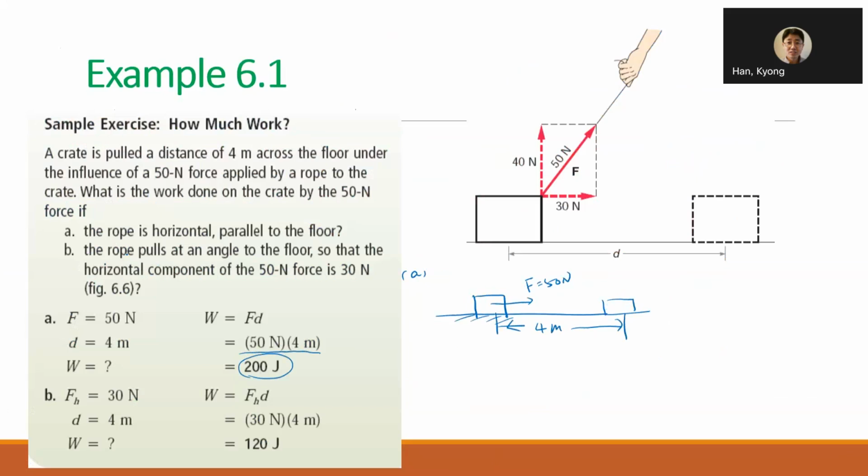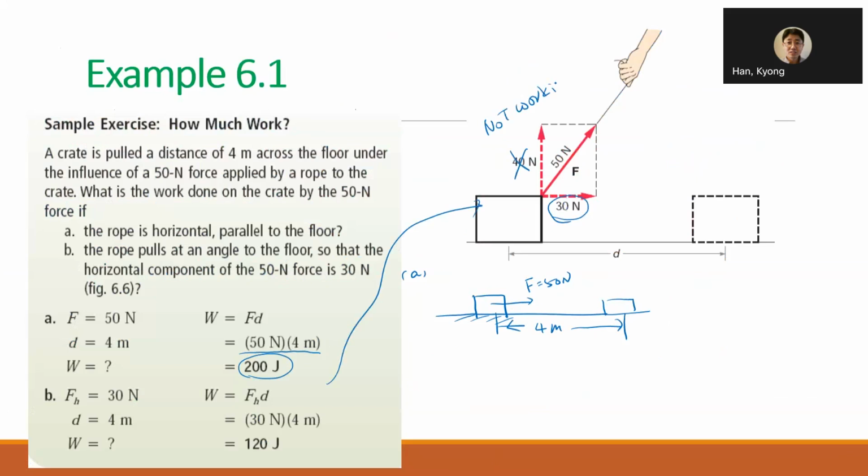Question B. The rope pulls at an angle to the floor so that the horizontal component of the 50 Newton is 30 Newton. Question B is this kind of situation. The horizontal component is only 30 Newton. This does work, but this is not working.